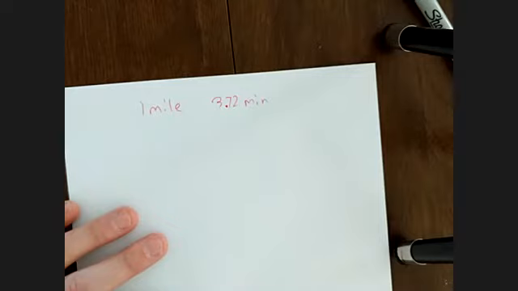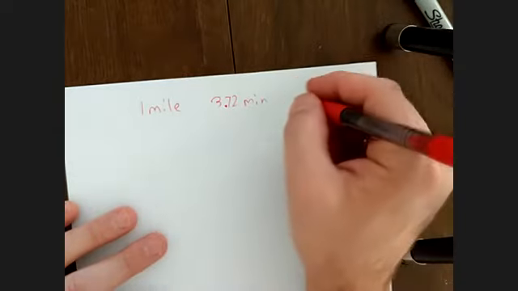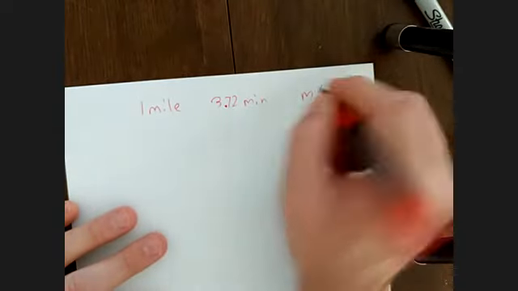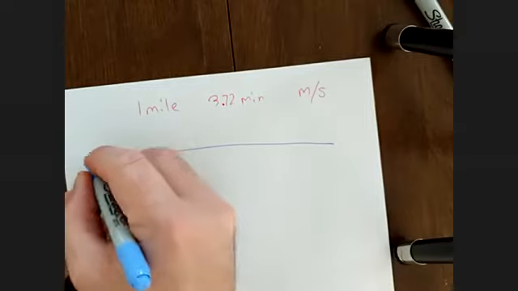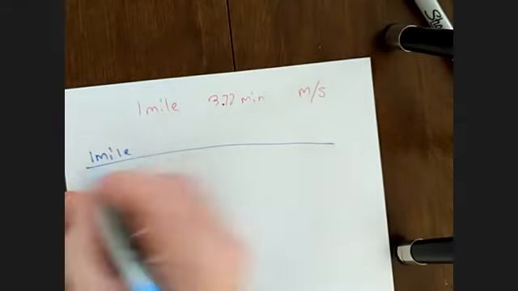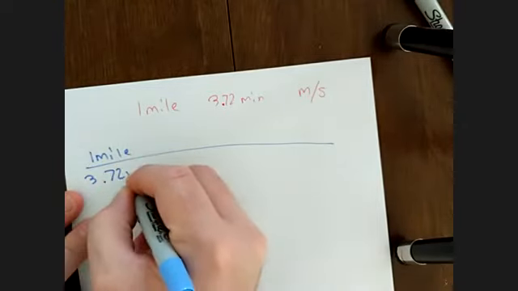We want to calculate this rate in meters per second. So 1 mile for every 3.72 minutes.